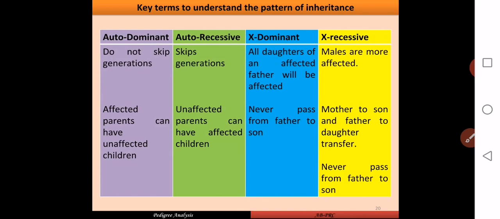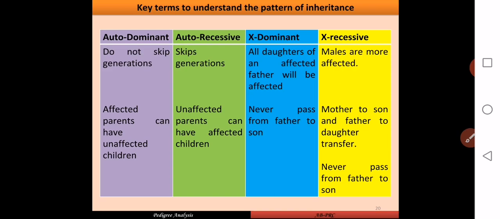That means affected parents can have unaffected children in autosomal dominant, but in autosomal recessive, unaffected parents can have affected children. They have opposite characters.